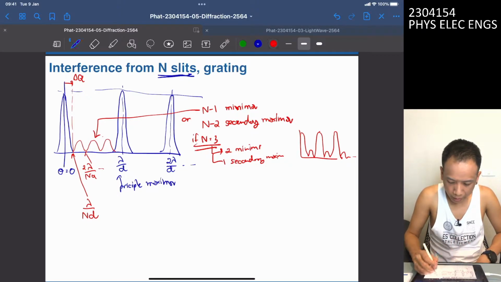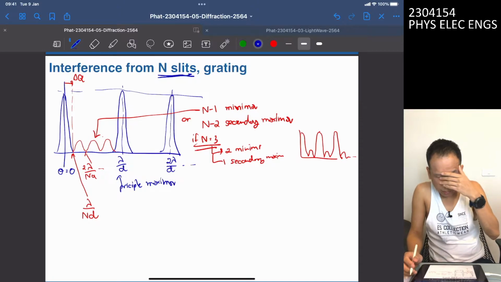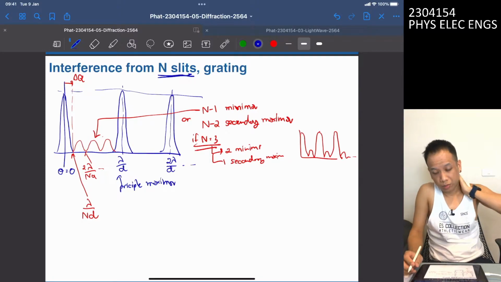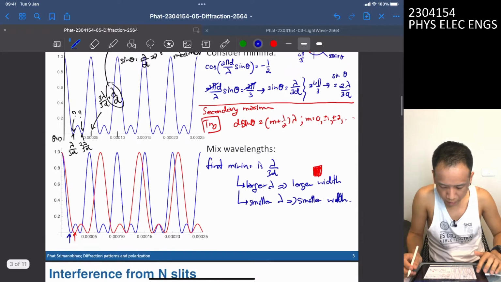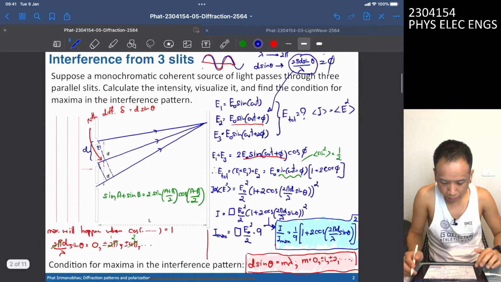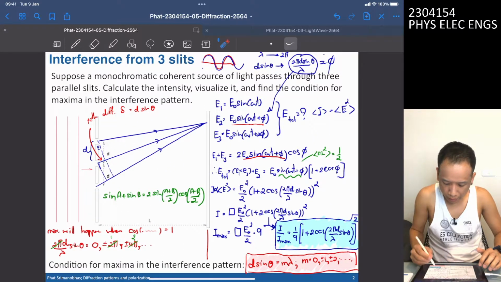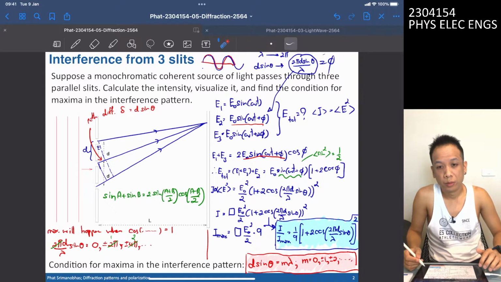And then the last thing about this is the intensities. If you look at the intensity formula, you see the factor 1/9, right? This is for 3 slit.